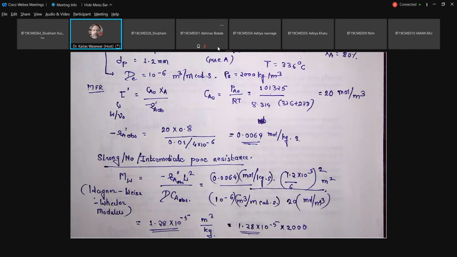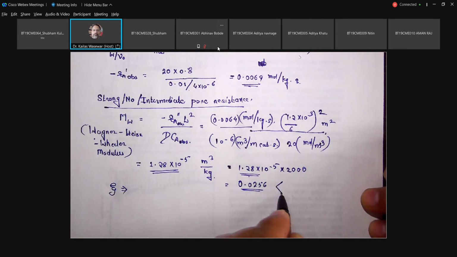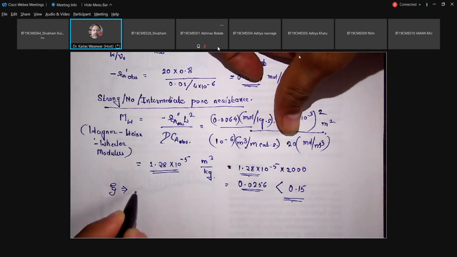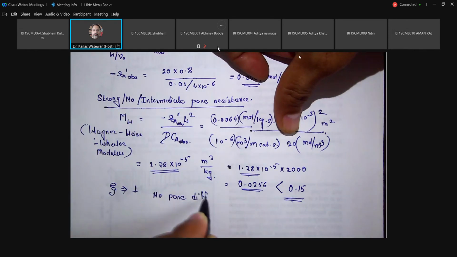Now for this particular value, what is the value of the effectiveness factor? If you refer to the figures, or simply, this is less than what? 0.15. What does it mean? If it is less than 0.15, it will become 1. So no over diffusion resistance. Okay.